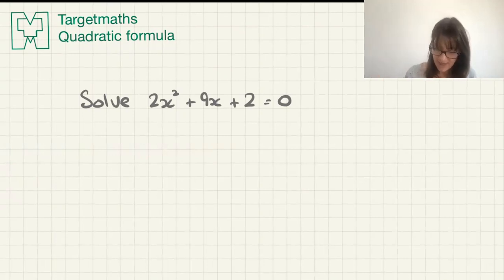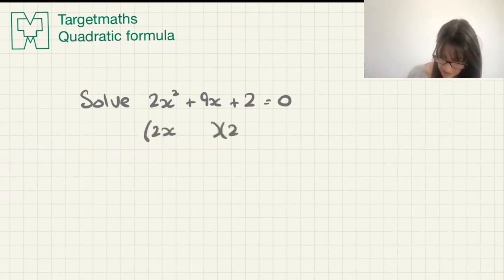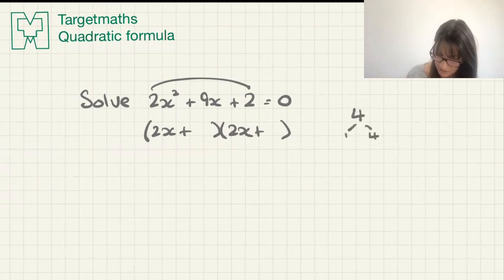I can see that there is a value here in front of the x, which means I am going to be doing the kind of harder factorizing. So I'm going to drop my 2x and my 2x. My signs are pos. I'm going to multiply 2 times 2, which is 4. 1 and 4 and 2 and 2 make 4.